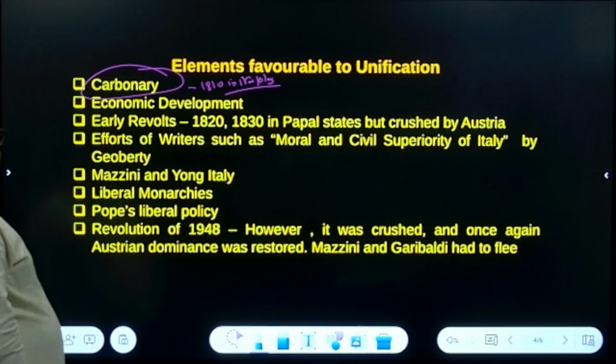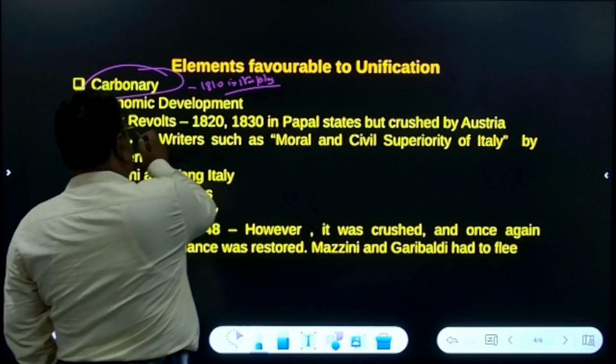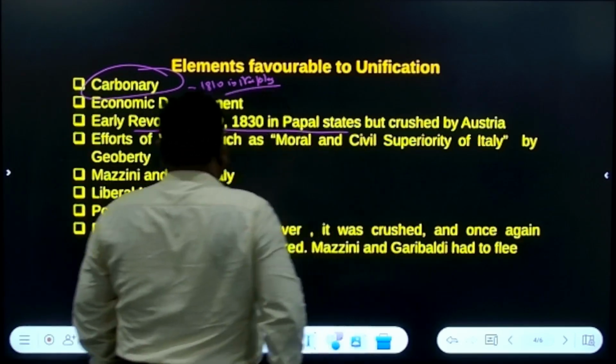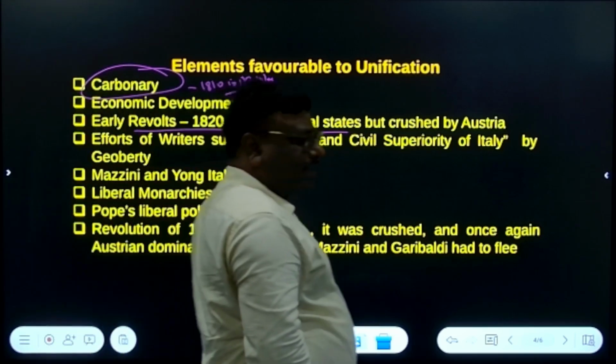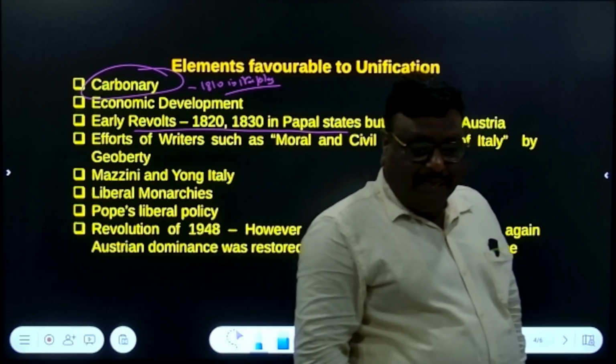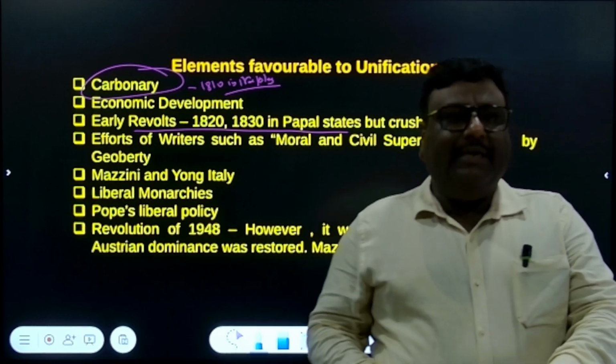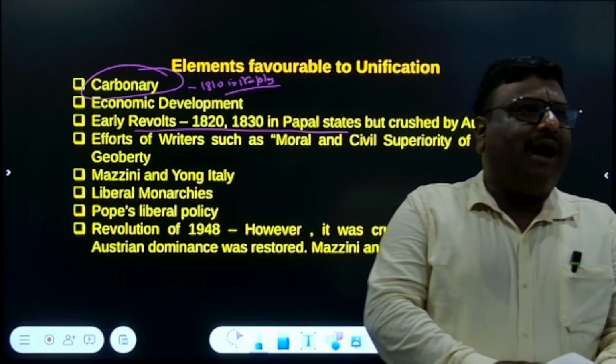Therefore, we see the revolts erupted in some Italian regions, mainly the Papal state, in 1820 and 1830.